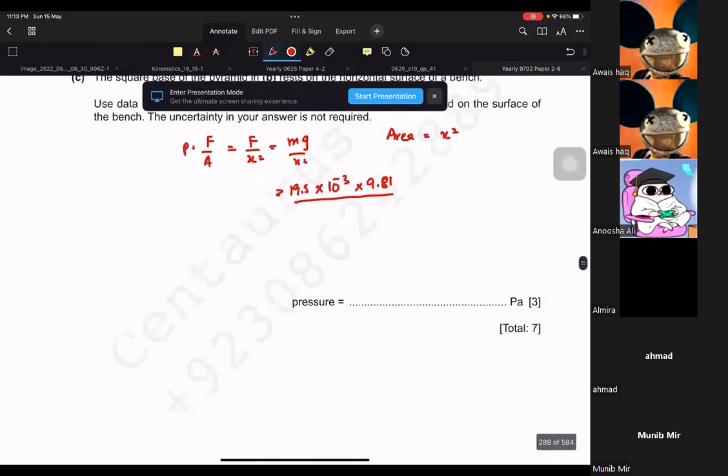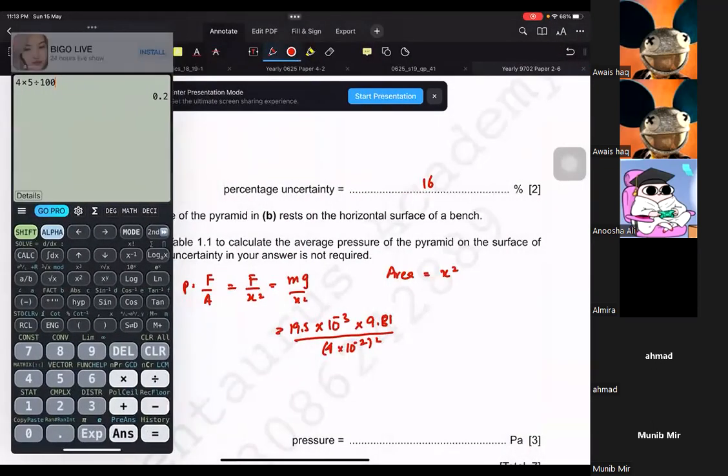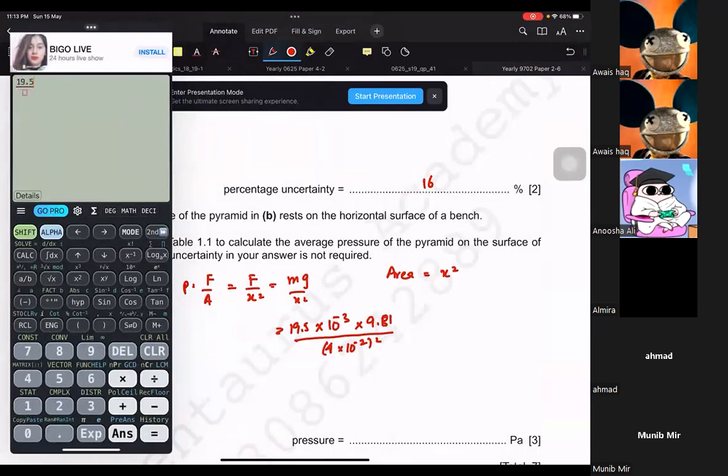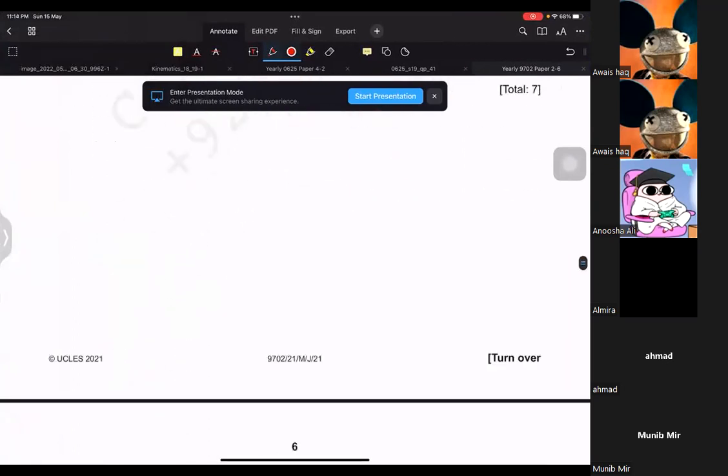We do. 4 centimeters. 4 into 10 raised to power minus 2, whole squared, because I changed it to meters. That's 119.5, so it would be 120, correct to two significant figures. Make sure you always write the correct significant figures.